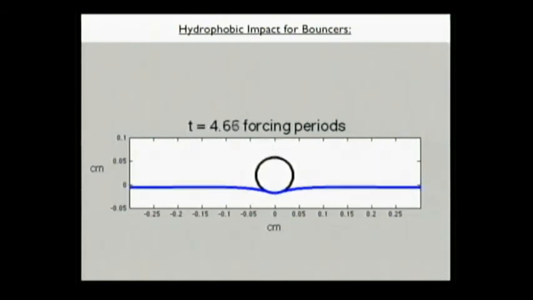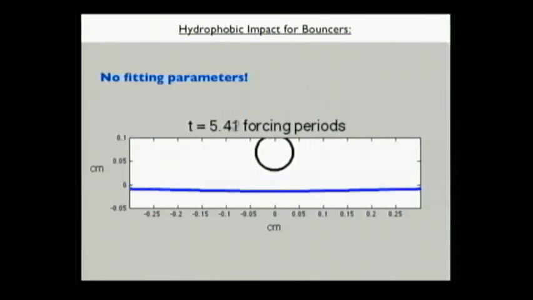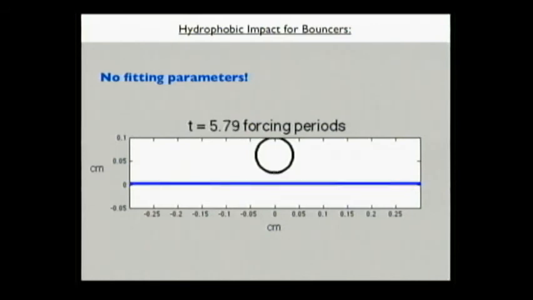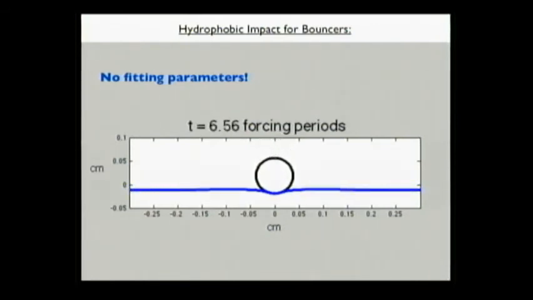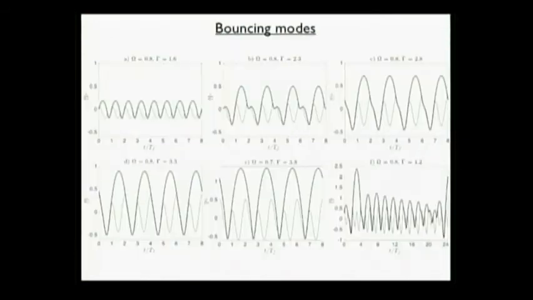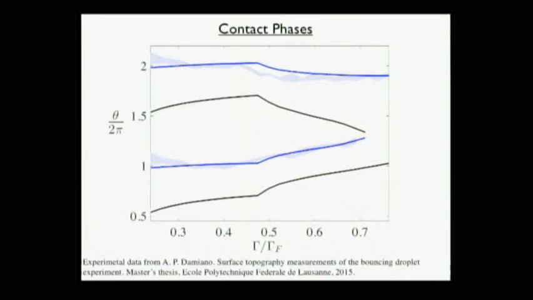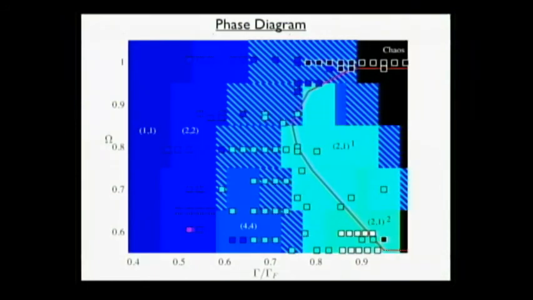And perhaps more importantly, now we have no parameters that are provided from experiments. So we derive this basically just from simple assumptions and first principles. We can reproduce bouncing modes just like we did. We have phase diagrams that compare very well with experiments.